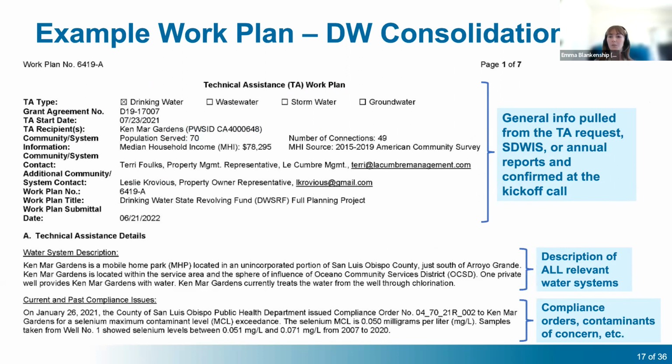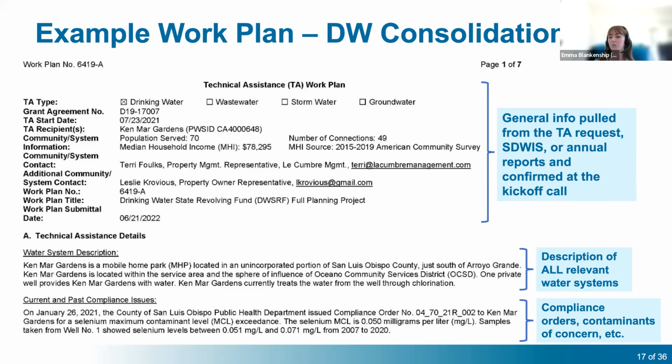If it's a drinking water project, you can also pull this information from SDWIS. Or you could get it from annual reports, other sources as well, and you can just confirm all that information at the kickoff call.